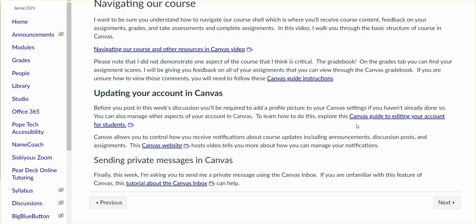There's also a bunch of notifications in Canvas that you can see on your account tab, and those are important because that's where you choose when you want to be notified by Canvas. I would highly recommend that you select to be notified about grades and also about assignment comments.